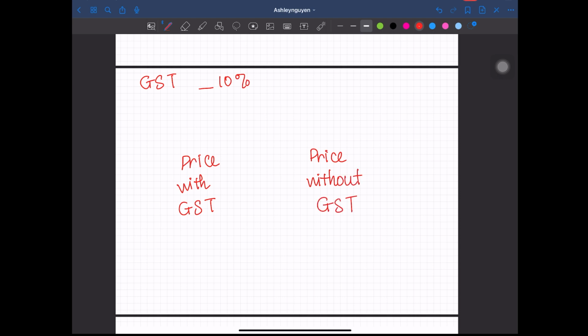To go from the price without GST to the price with GST included, we times by 1.1. And whenever we have the price with GST, you divide by 1.1 to get the price without GST. Now the question is why 1.1?